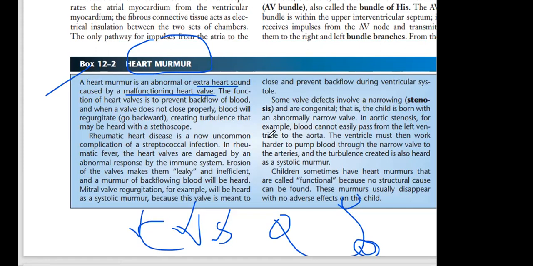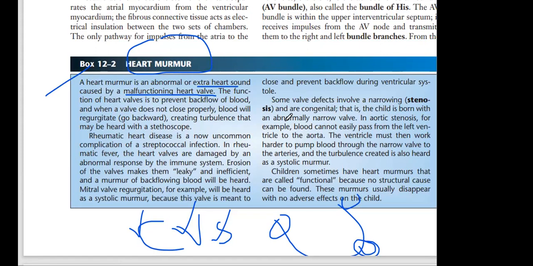So what will happen? The blood flow is disturbed, because the heart has to pump the blood forward and give it to the body parts, but it is storing the blood in its place only.